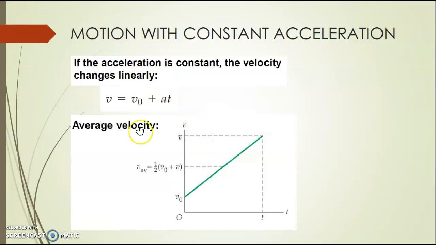Okay, so this is our working formula for the computation of the final velocity if the acceleration is constant. When the acceleration is constant, here is our working formula: v equals v0, the initial velocity, plus acceleration multiplied by time.